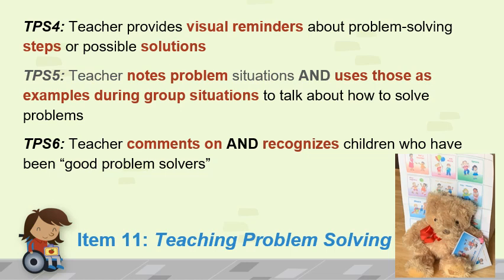For example, today when Tish wanted the computer, she told her friends on the computer to come get her when she was finished. Or, when Rahi wanted to use the puzzle Jake had, he asked him for the puzzle. When Jake wouldn't give it to him, he found something else to do. Use it as an example to share with the other children about how they can also become good problem solvers.